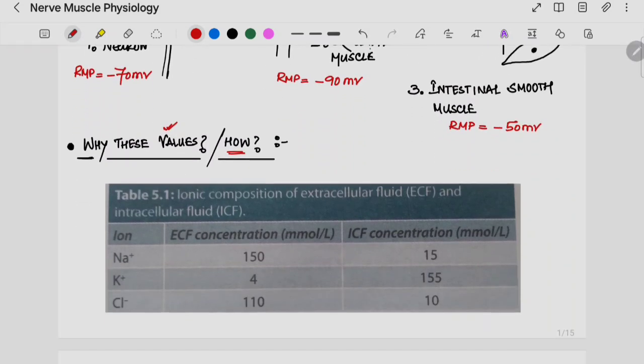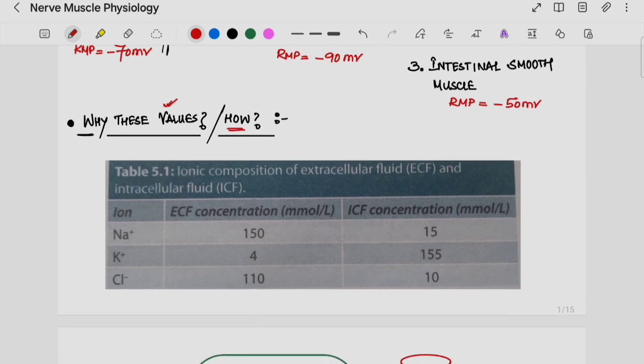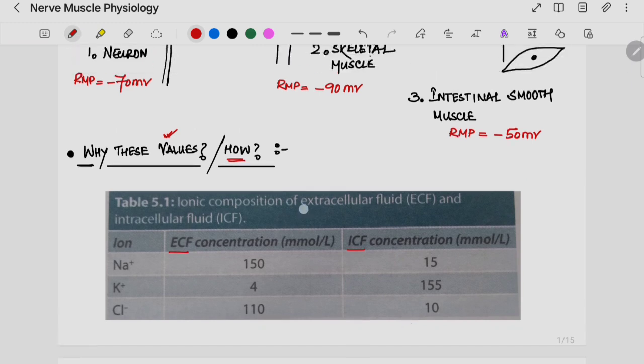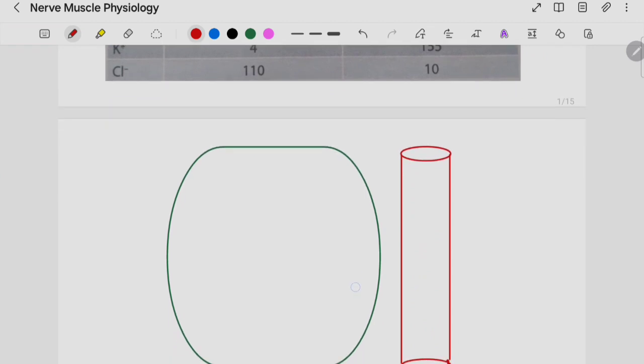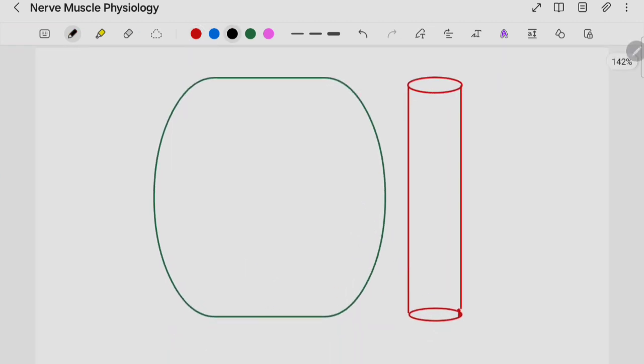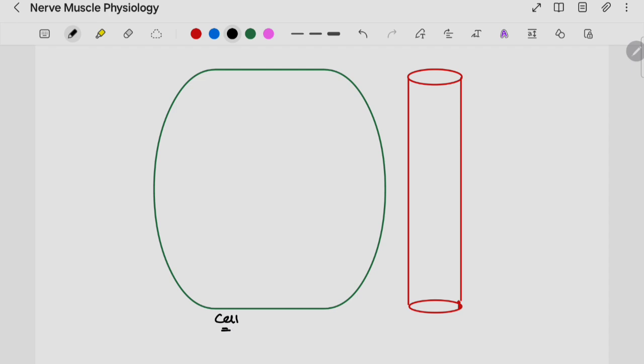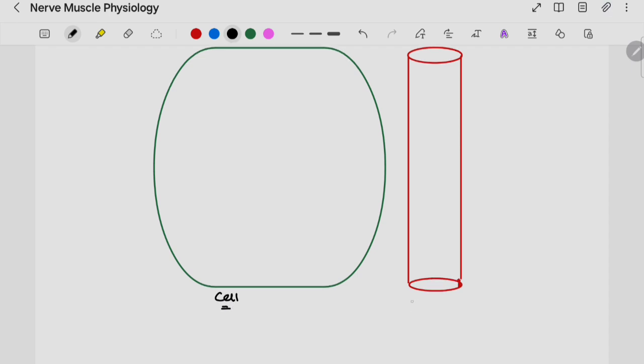How we calculate? So firstly, we have to understand that certain ions have certain concentration in ECF and in ICF. ECF means extracellular fluid and ICF intracellular fluid. So here is a cell and here is the blood vessel. In between them, it is the interstitial space.